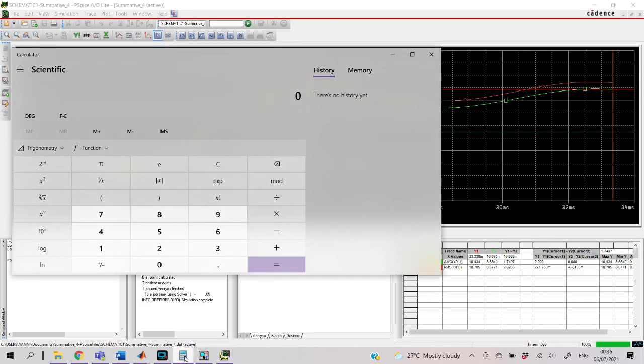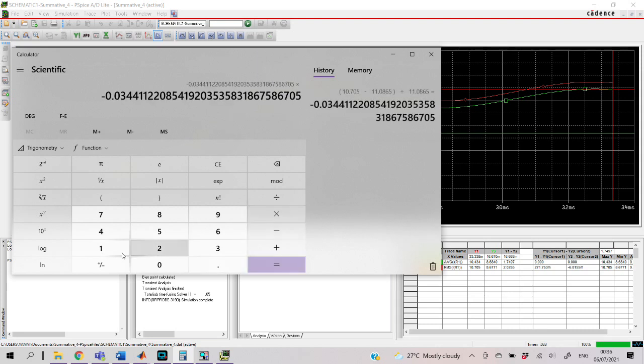So 10.705 minus 11.0865, divided by 11.0865, multiplied by 100.